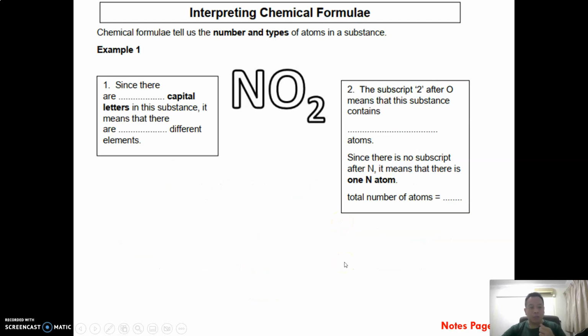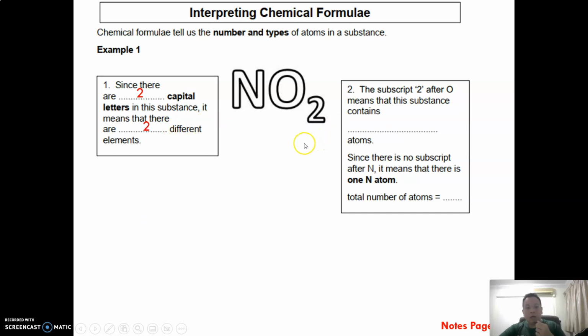The first one is simple, NO2, nitrogen dioxide. To find out the number of different types of elements in a compound or in a substance, we'll look at the number of capital letters. Since we see two capital letters, a capital N and a capital O, it tells us that there are two different elements.